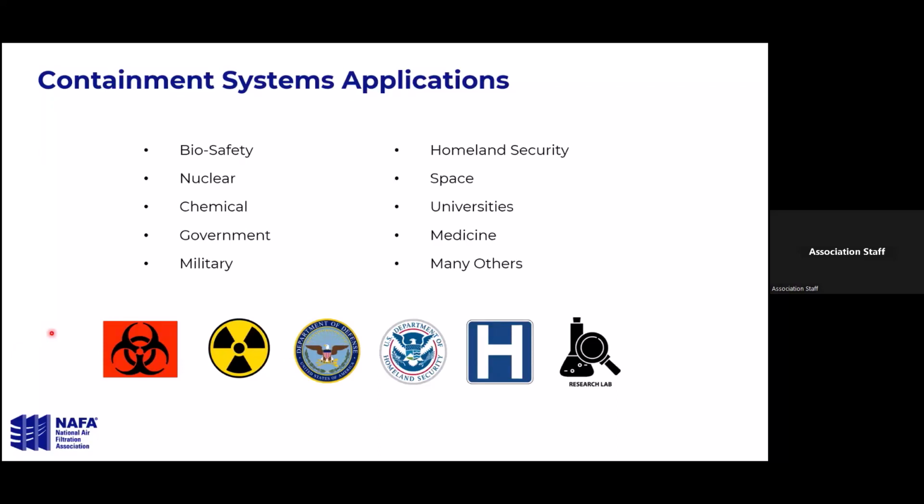The space industry uses containment housings, and they may not use a bag in, bag out, but they may use a containment housing for the pressure that it can withstand. Universities and all the university research labs, medicine when you're dealing with nuclear medicine and things like that. And then there's several others out there that you'll run across as well.